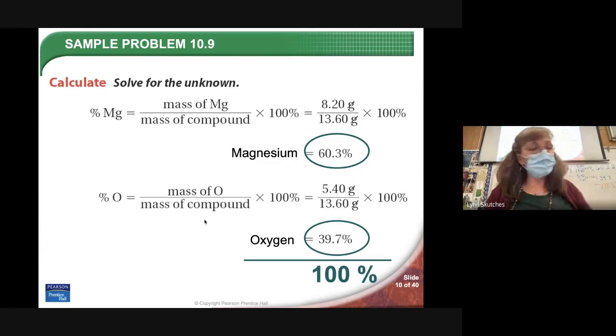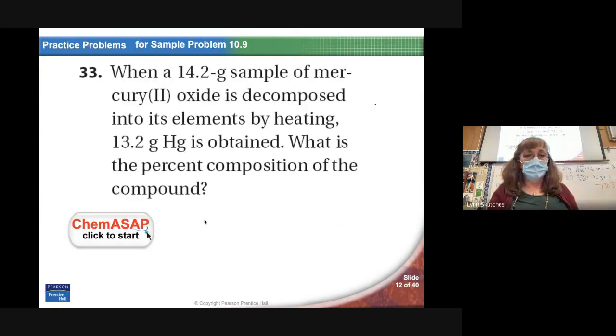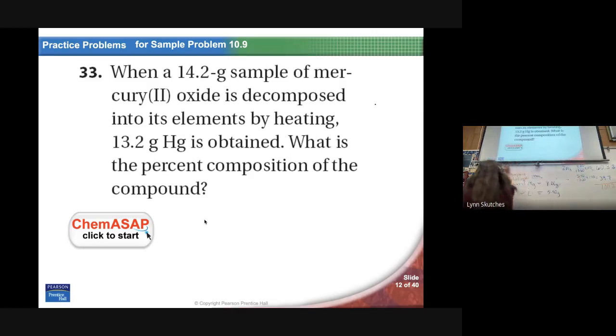I'm going to have somebody else read this one too. Bethany. When a 14.2 gram sample of mercury(II) oxide is decomposed into its elements by heating, 13.2 grams of mercury are obtained. I think they did that on purpose. Anybody know what Hg is? Hydrargyrum. It's mercury.